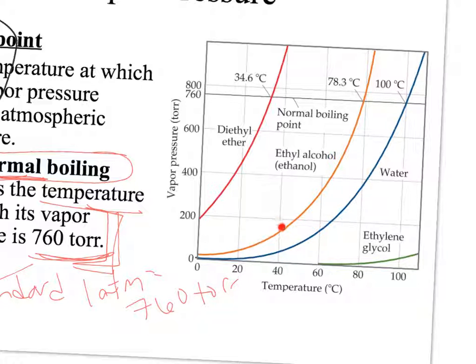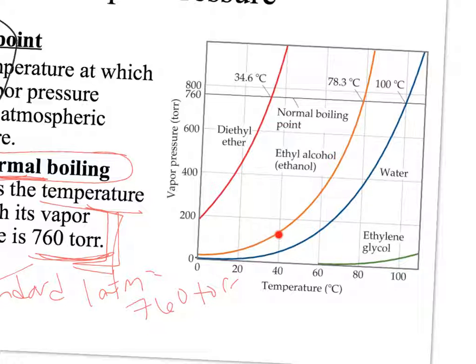Our vapor pressure of ethyl alcohol is up here, and our vapor pressure of diethyl ether is right up here. So we have a very high vapor pressure comparatively for diethyl ether, and a much lower vapor pressure for water.